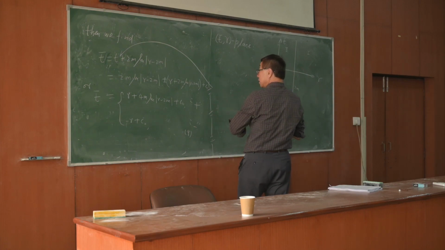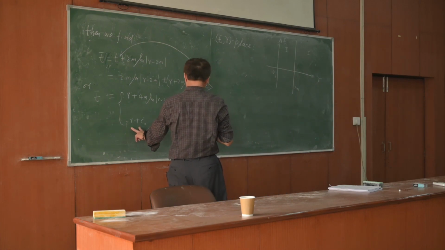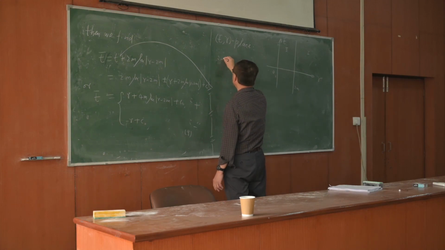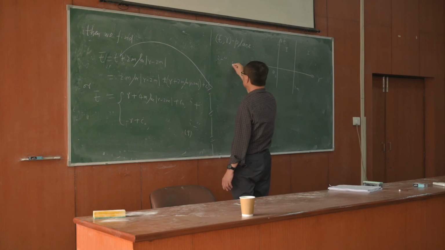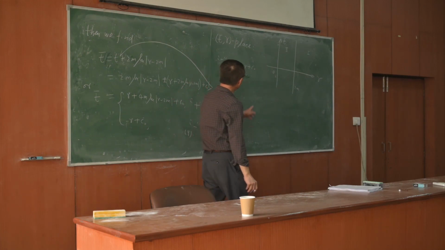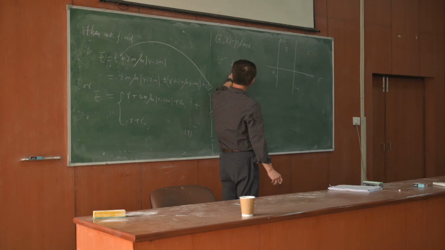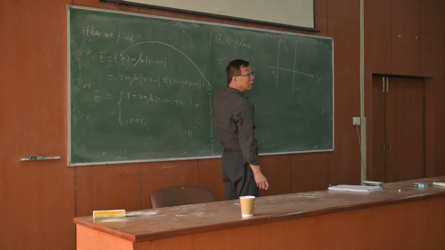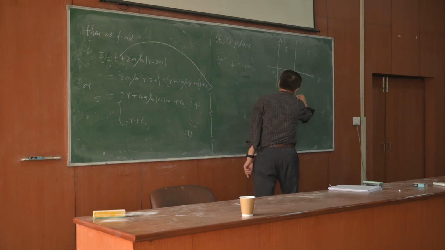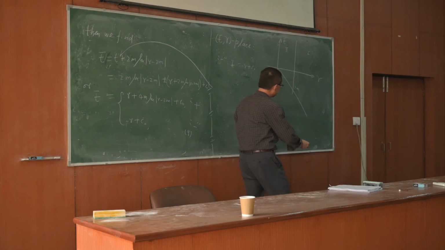So now in this case, you can say, okay, this is for the minus sign. If I take the minus sign, I simply get T bar equals minus R plus C0, where C0 is a constant. So if C0 equals 0, my T bar equals minus R, right? What does that mean? This is a line, C0 equals 0, correct?